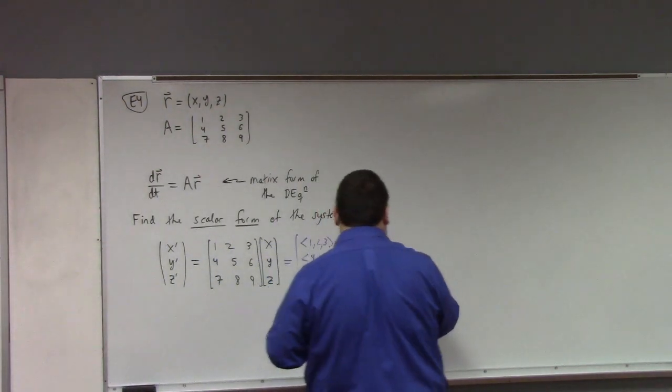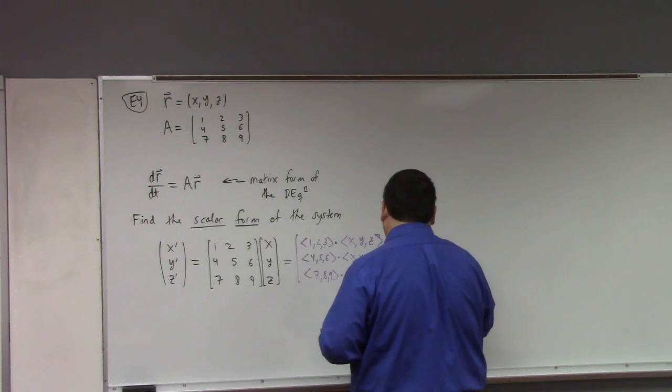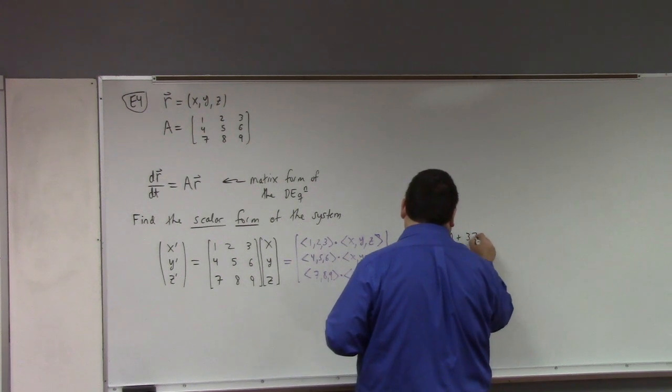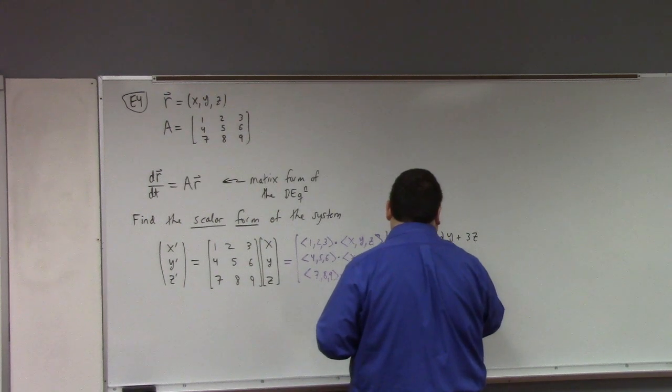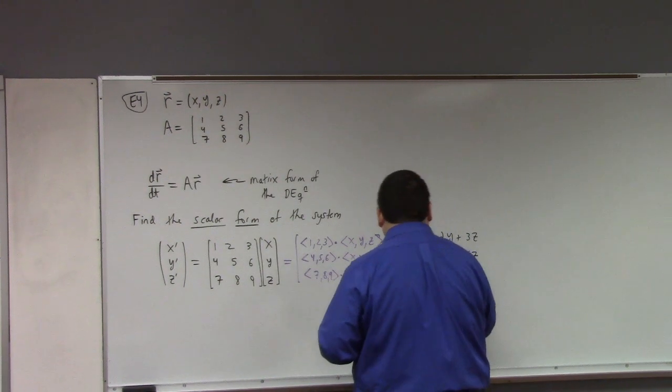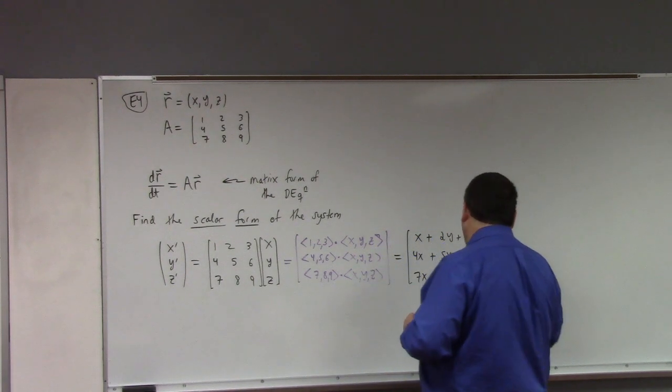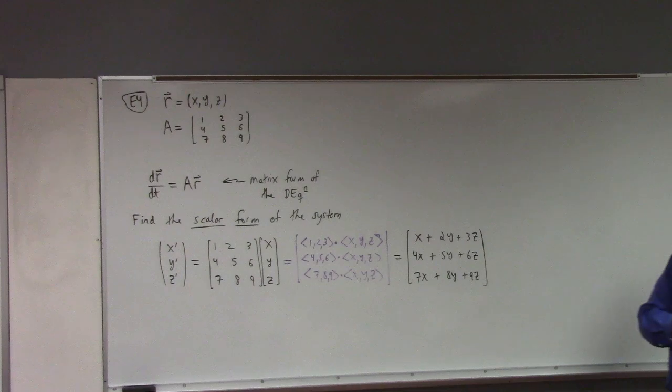And of course, you can calculate those dot products and you get x plus 2y plus 3z, 4x plus 5y plus 6z, 7x plus 8y plus 9z, right? This is still a differential equation, I would argue, in matrix form, but you can easily see how to write the system in scalar form, right? How do you do it?